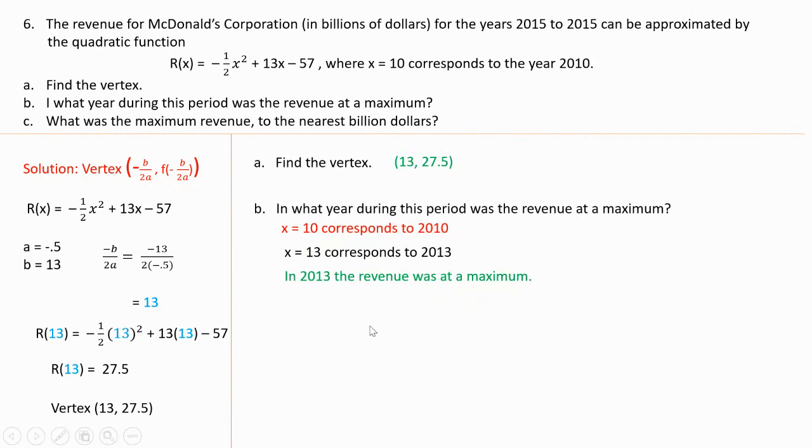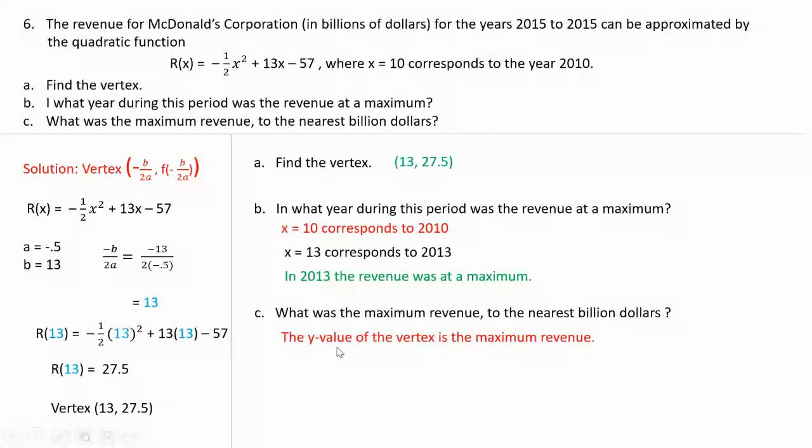It's going to be the y part of the vertex. You see, the y value of the vertex is the maximum range. So it's 27.5, and it says to round off to the nearest billion. So the maximum revenue will be about $28 billion. Okay, so that's number 6. Now we're done with quadratic.